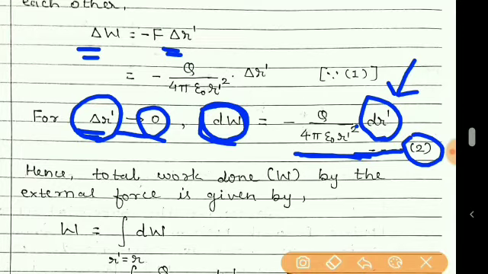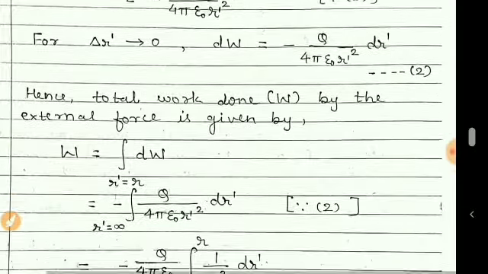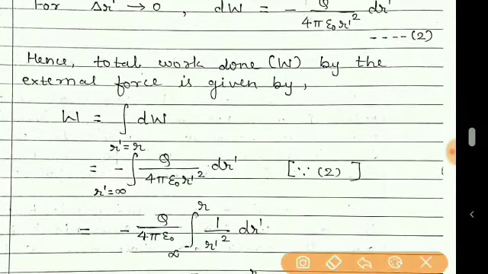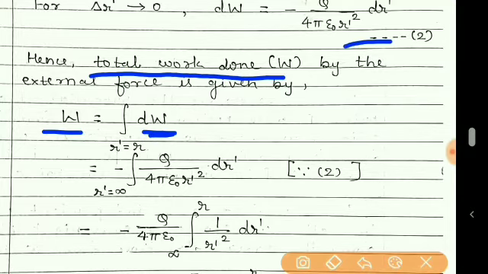So now simply to find the net work done or the total work done, we will integrate it. So here the total work done W is given by W is equal to integration of dW from equation number 2. You can see here there is a dW.